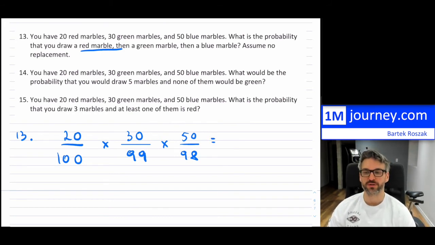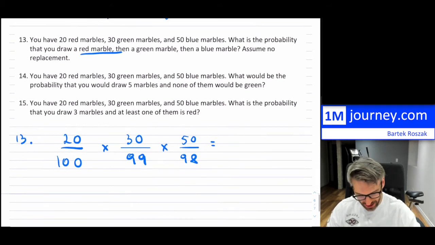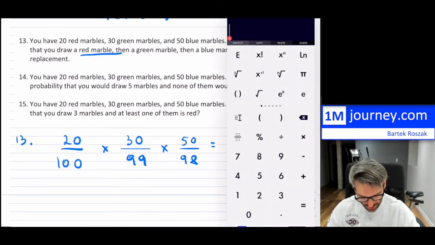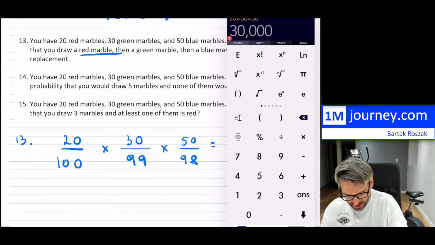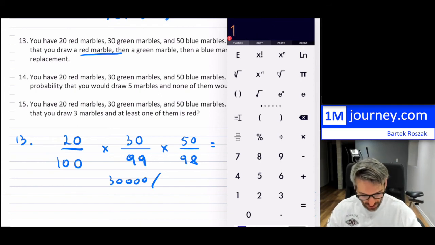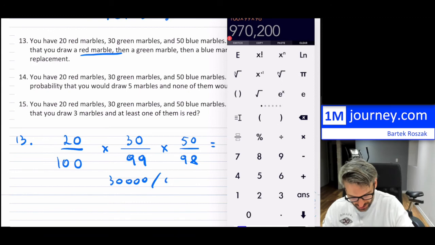You can convert them back into percent. So let's actually do it. Let's see what that gives us. We have 20 times 30 times 50. So that's going to be 30,000 divided by 100 times 99 times 98, which is 970,200.